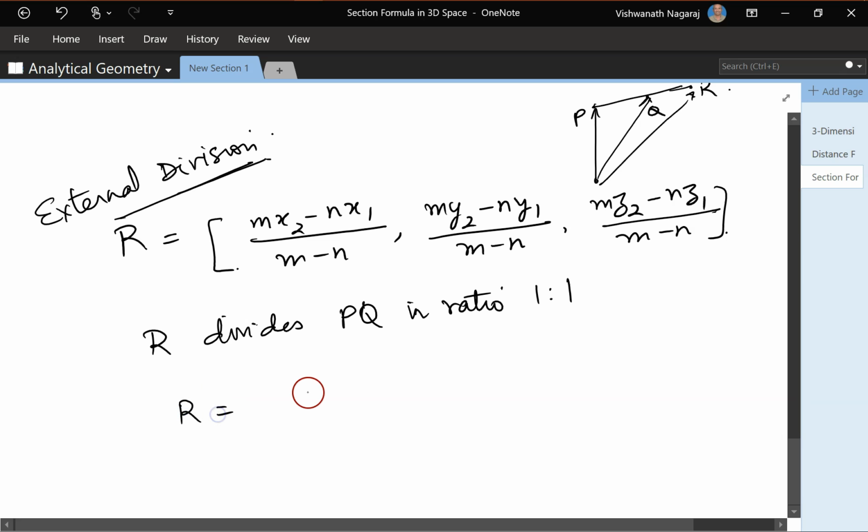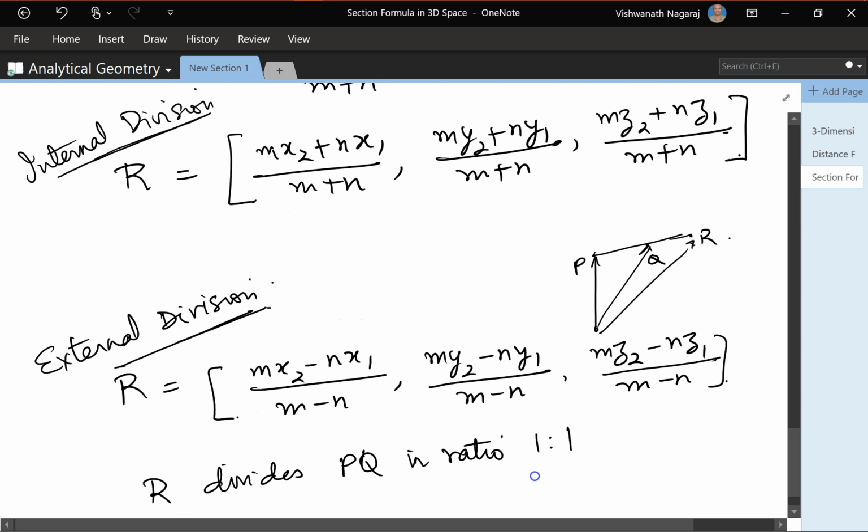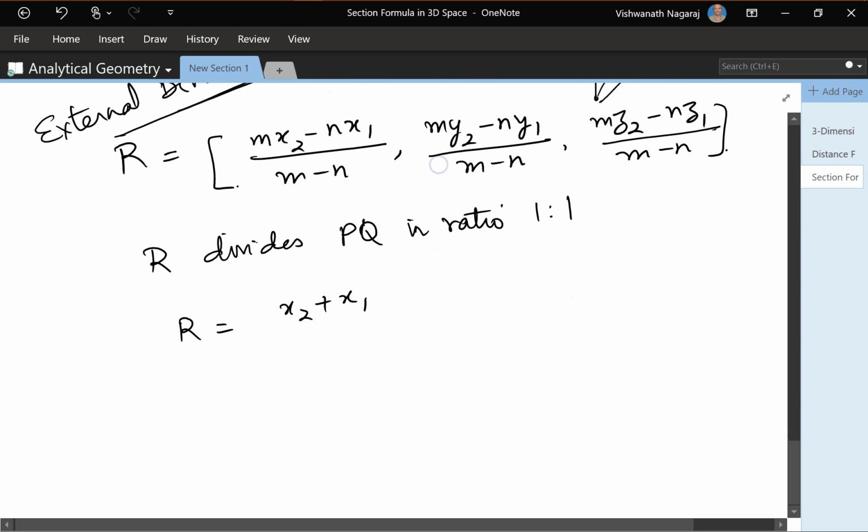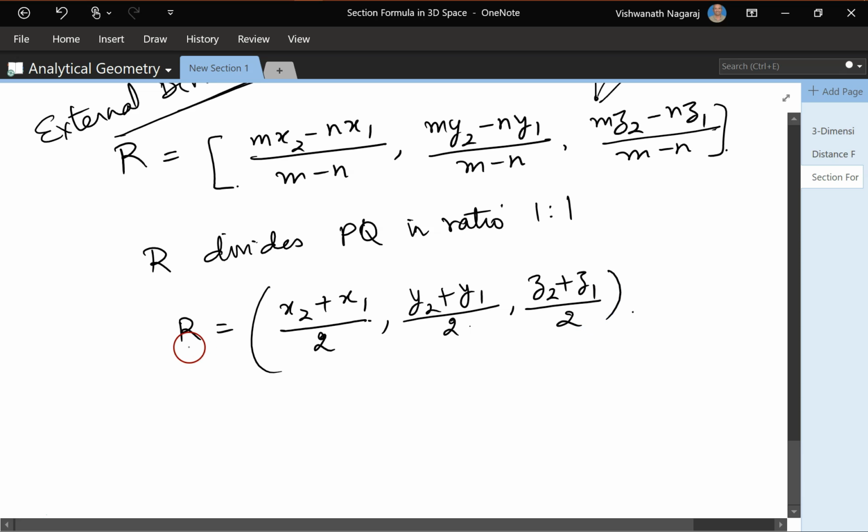Remember m and n are 1, 1. So R would be x2 plus x1 divided by m plus n, so 1 plus 1, 2. y2 plus y1 by 2 and z2 plus z1 by 2. Since here R is at the center of PQ, it is also called the midpoint formula.